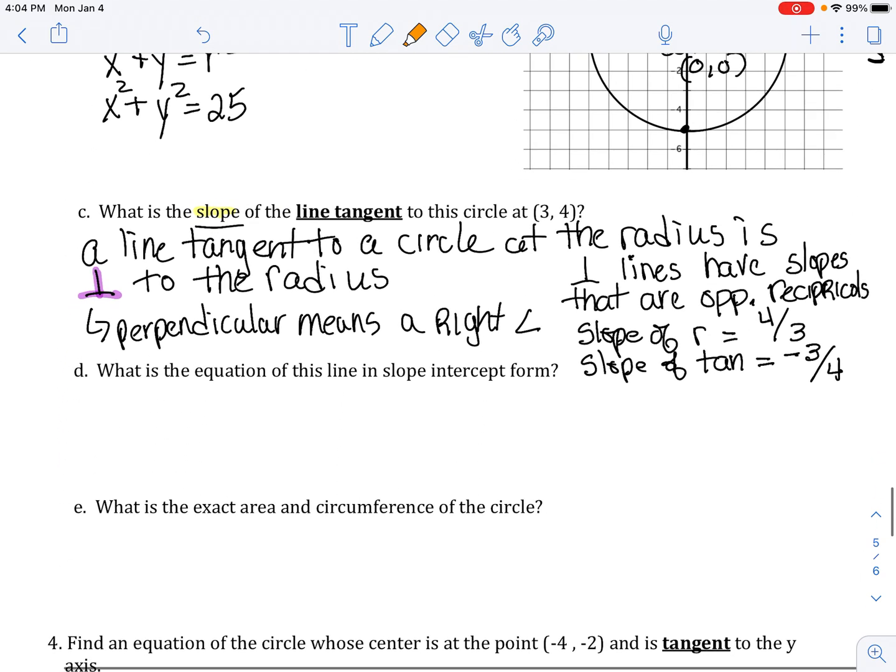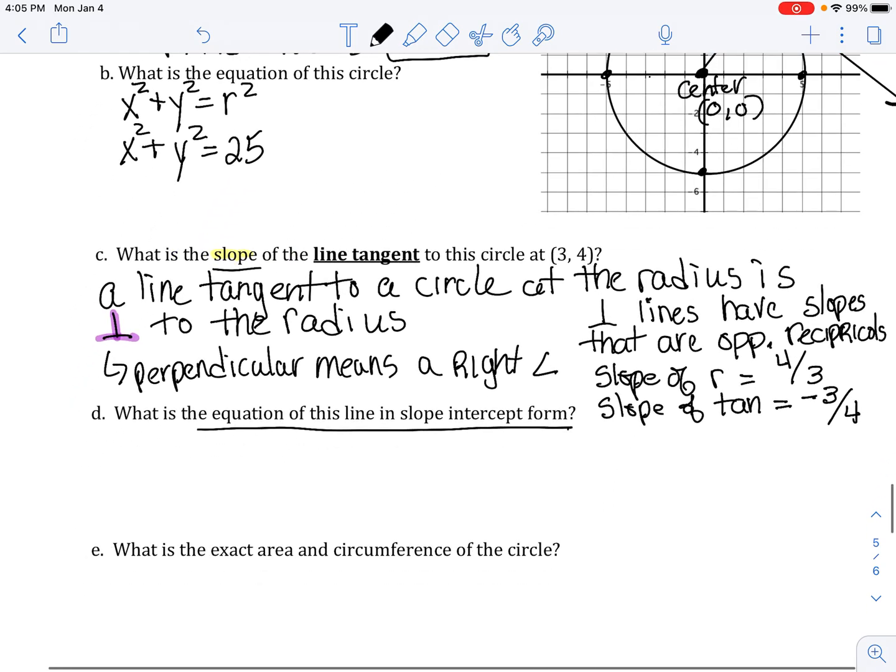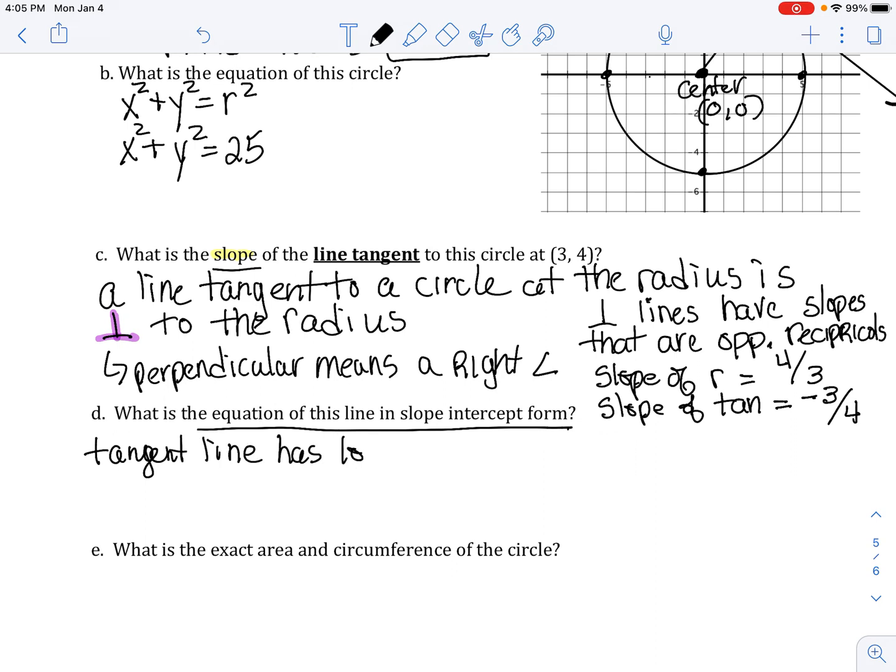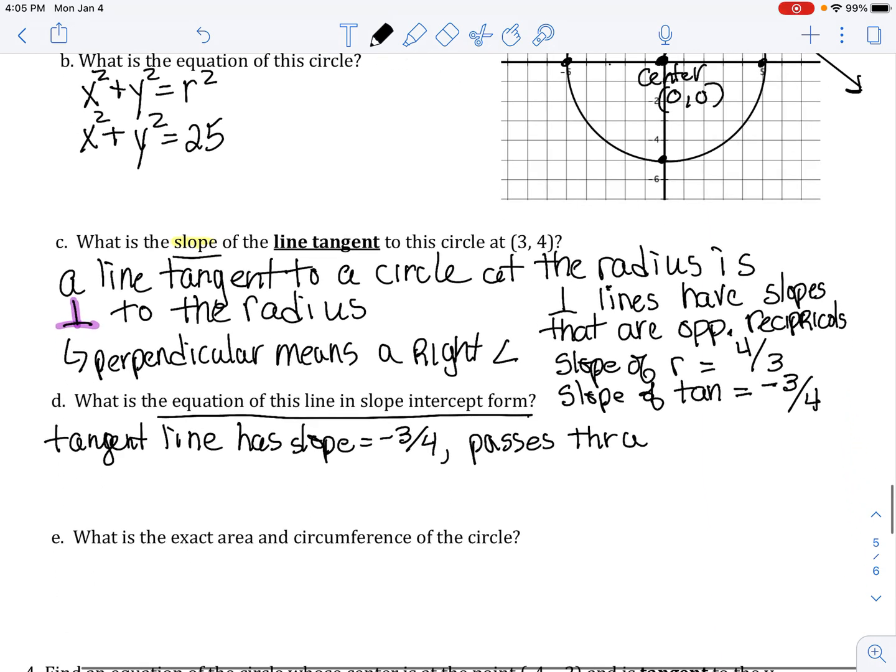All right, part D. What is the equation of this line in slope-intercept form? Okay, well, for that line, we know that the tangent line has a slope equal to -3 over 4, and it passes through the point (3, 4).